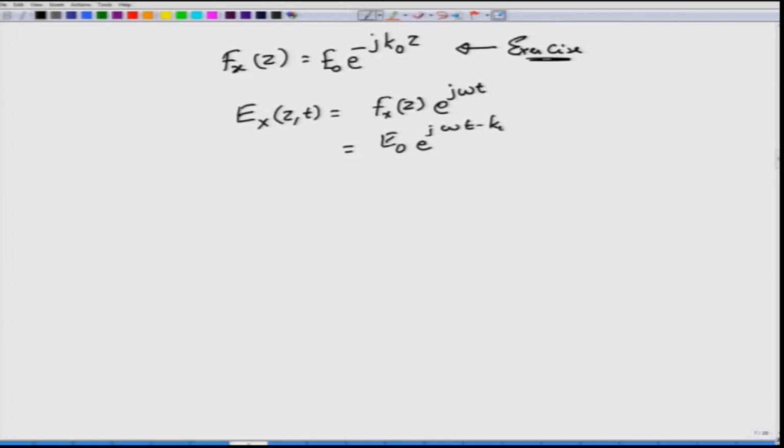minus k0 z. If you want, you can express this in vector notation. In that case E will be a function of z and t, and it has a vector E naught, which in our case will be directed along the x axis, times e power j omega t minus k0 z. Is it possible for us to have electric fields which are complex?